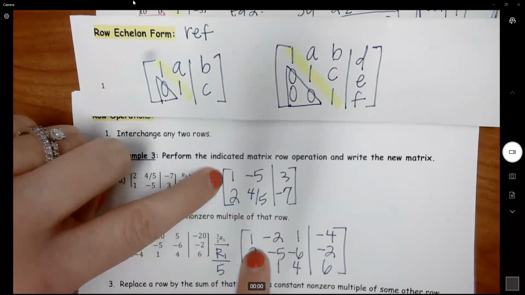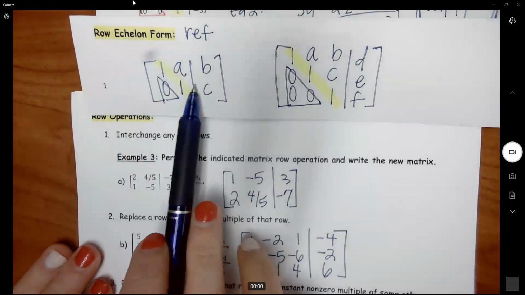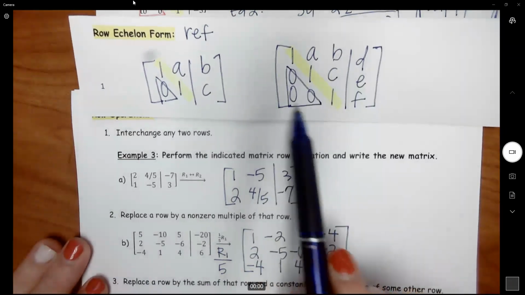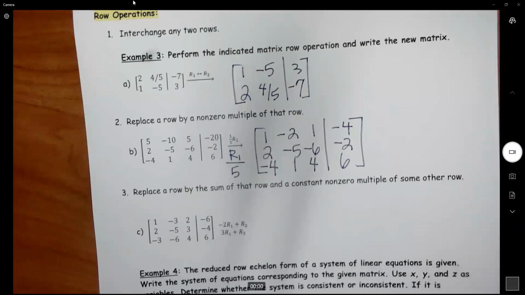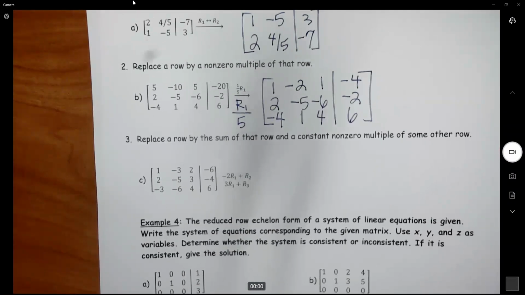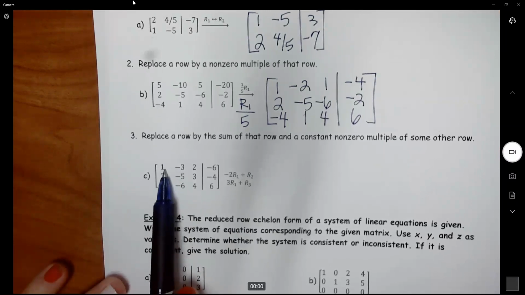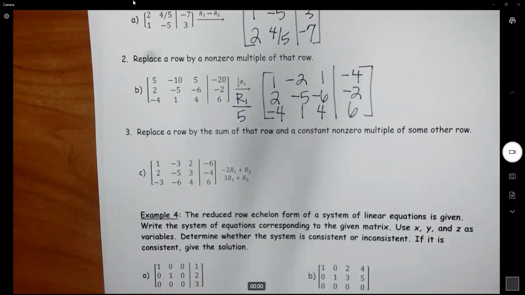Again, luckily we don't have to do any of these by hand, but that's what we used to have to do: start here and put it into this form, or even worse, start here and put it into this form, using these row operations to do that. Now, on example 3, we already have that 1 in the correct spot, so we're going to be moving towards those other 0s and 1s.